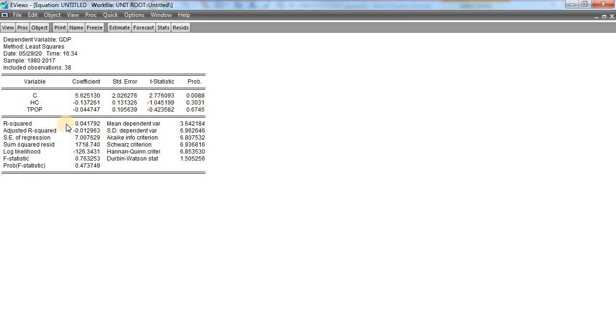And moreover, we can see that the R square here, which is the determinant of how these two variables affect GDP, shows us how much of the variation in GDP is caused by the combination of human capital and total population. It shows that it's 4%, which significantly shows that the model has a problem.